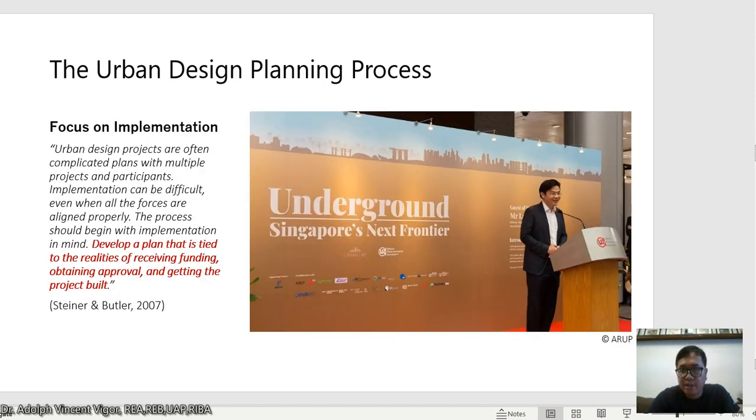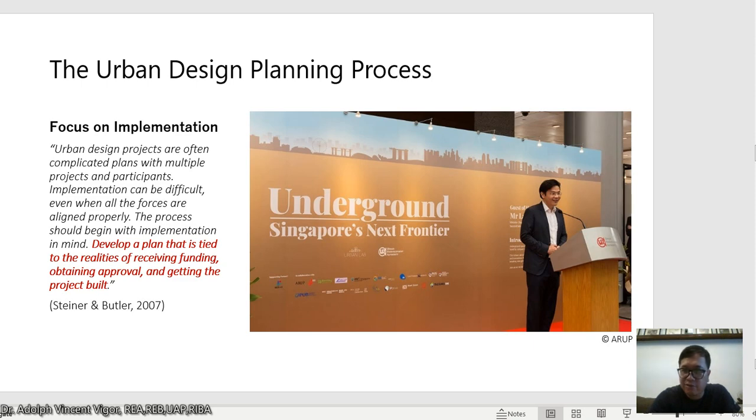Next is the focus on implementation. Urban design projects are often complicated plans with multiple projects and participants. Implementation can be difficult even when all the forces are aligned properly. The process should begin with the implementation in mind. So you should develop a plan that is tied to the realities of receiving funding, obtaining approval, and getting the project built.